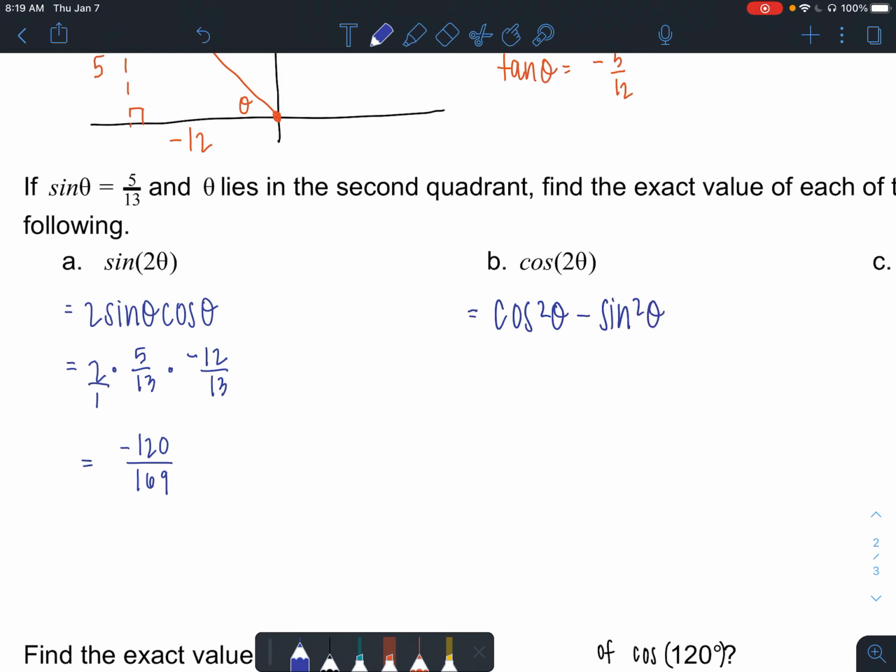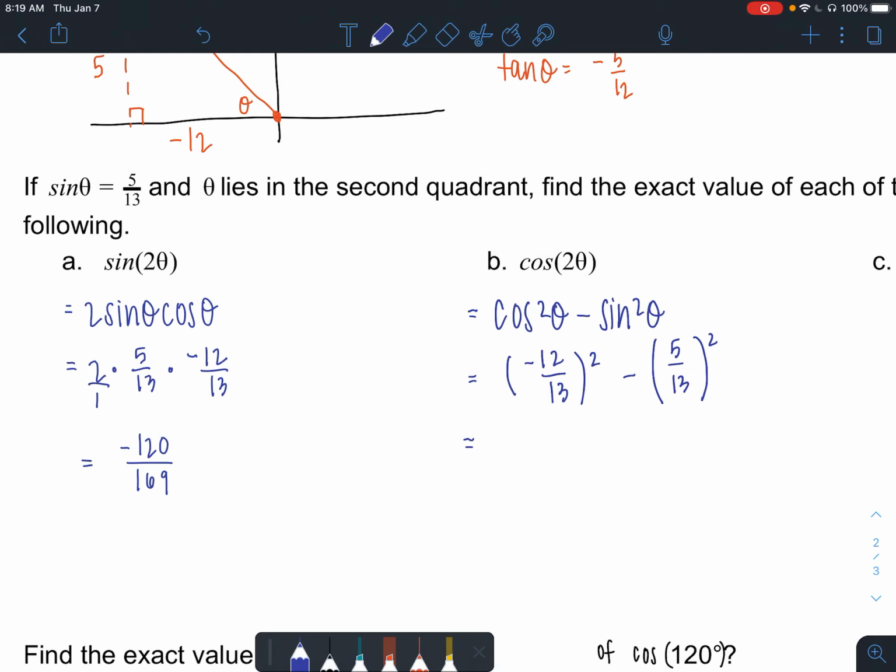So cosine squared theta is -12/13 is cosine of theta squared minus sine, which is 5/13 squared.